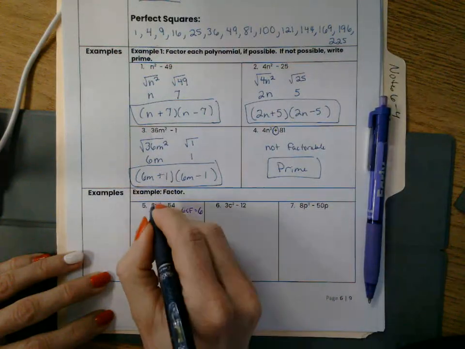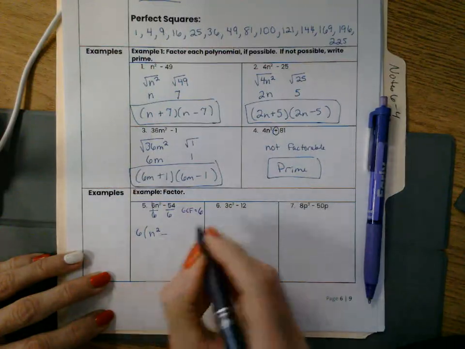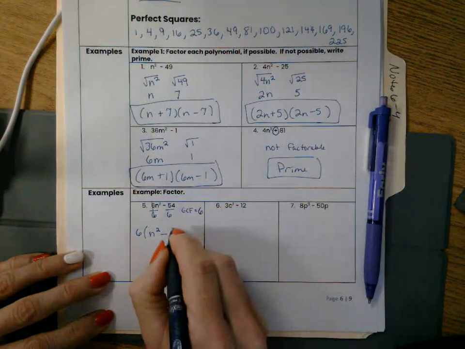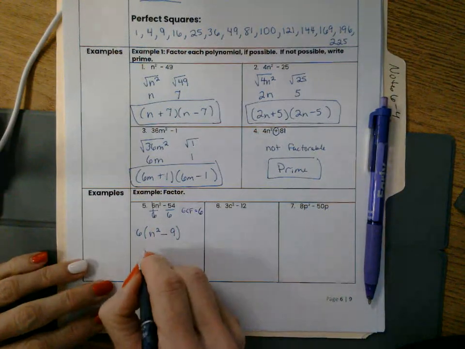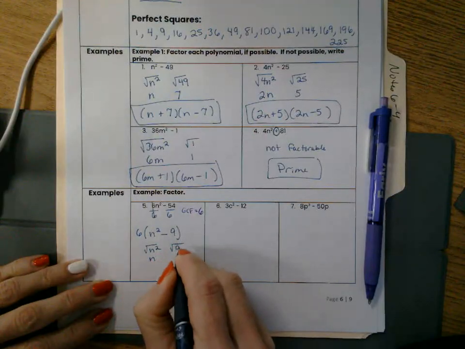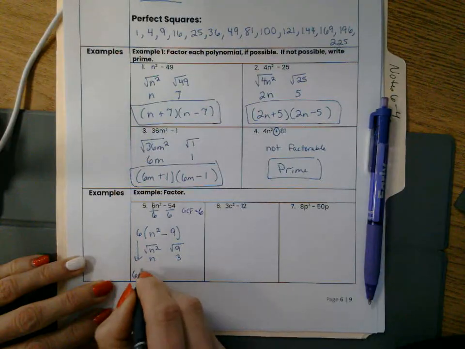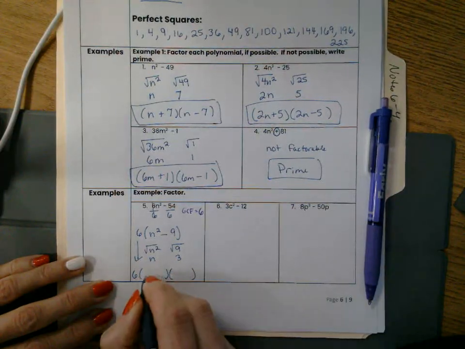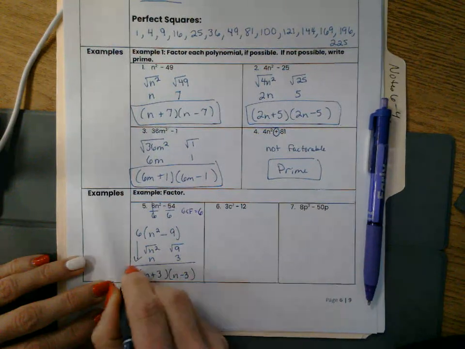The 6's cancel. I'm left with n squared, which is a perfect square, minus 54 divided by 6 is 9, and 9 is a perfect square. Now you can do the differences of squares. So the square root of n squared is n. The square root of 9 is 3. You bring down that 6, and then you write your 2 parentheses. N plus 3 and n minus 3.